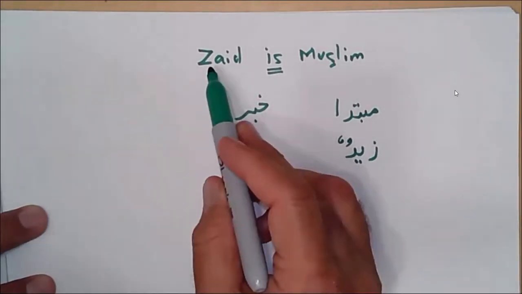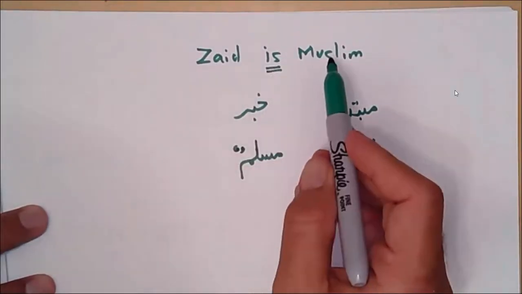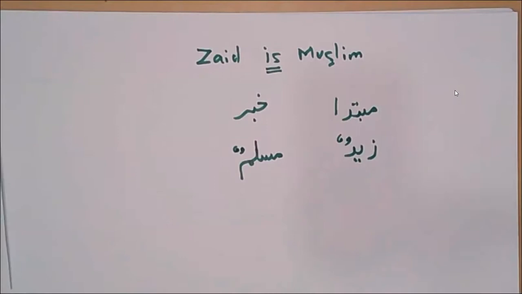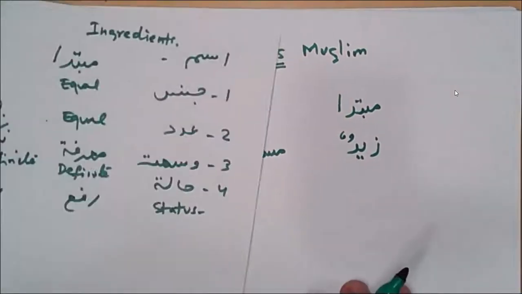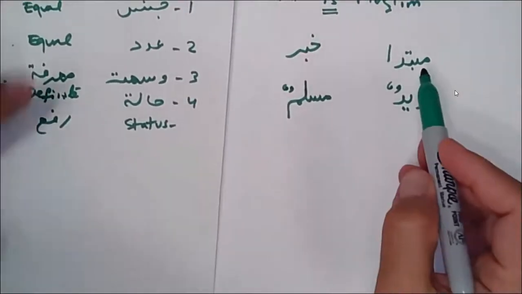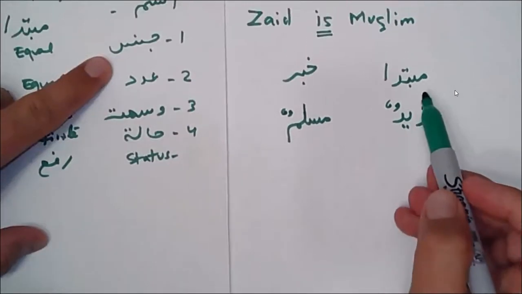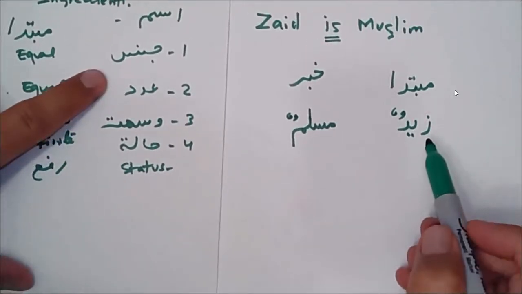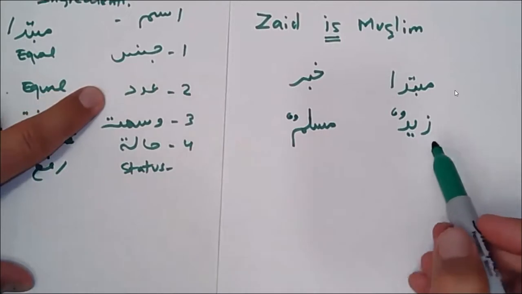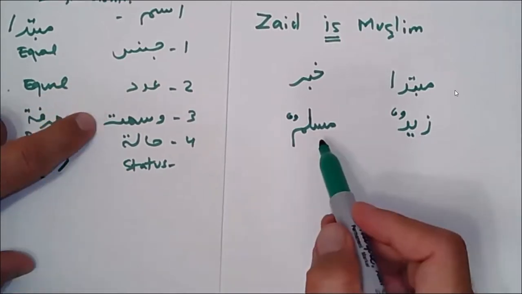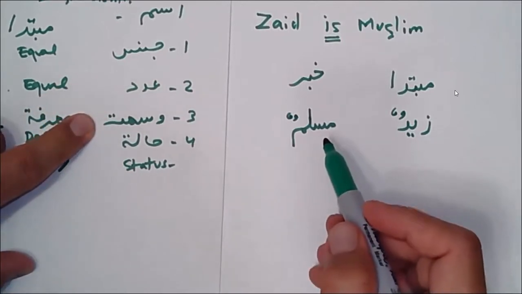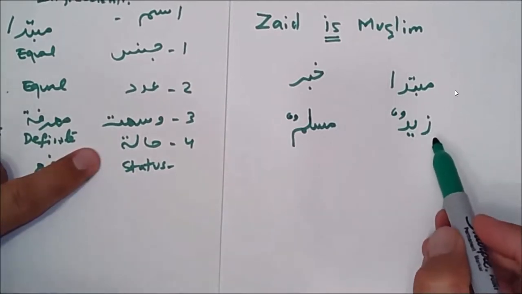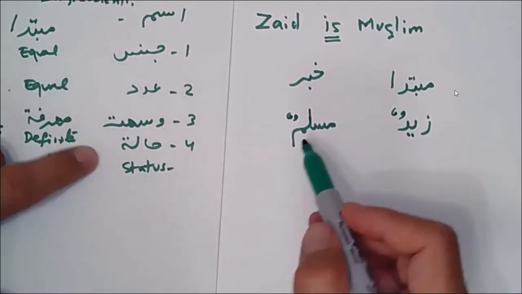The translation will be Zaid is Muslim. Yay. Okay. Now look at the jins. Is mubtada male? Zaid is a male. So gender is masculine. Is Muslim a male? Yes. Adad, is Zaid singular? What about Muslim?